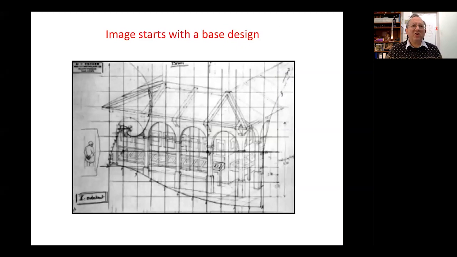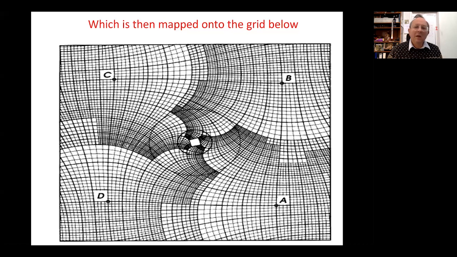And the way that Escher created this was that he started with a base design. So there is the picture of the person in the print gallery looking at the pictures. And then he wrapped it onto this grid here. You may not recognize this immediately, but this is a set of elliptic curves, which is constructed over the complex plane.